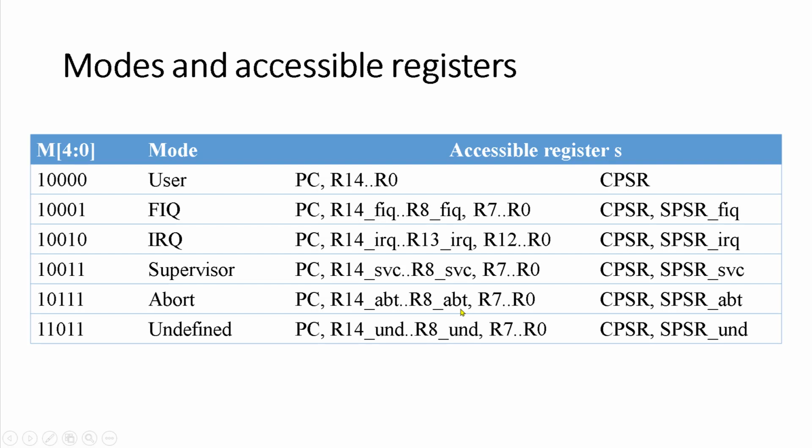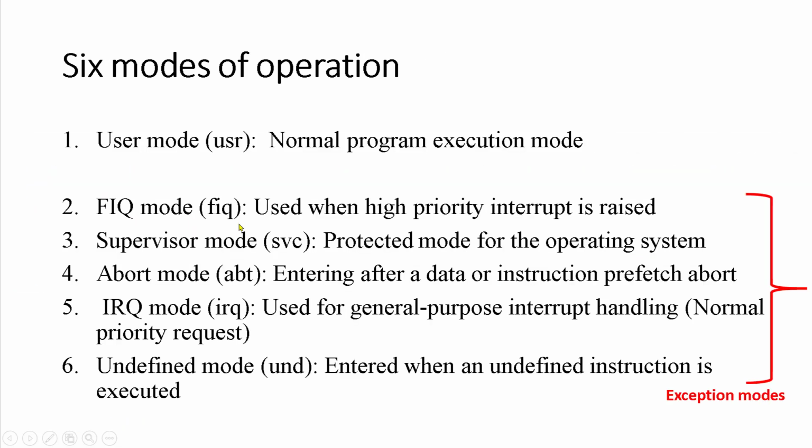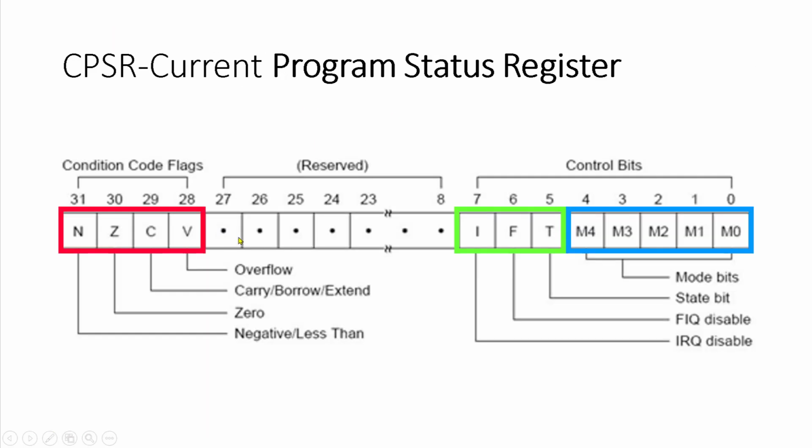So we have seen different modes of operation of the ARM processor. Now, if you want to use these modes of operation, what are the values corresponding to the mode select bits? You can see in the CPSR there is a place where you have mode select bits.